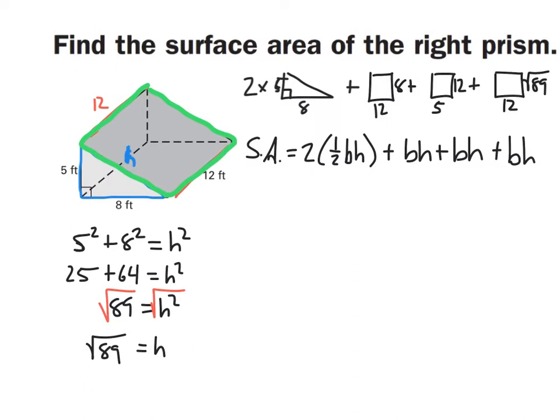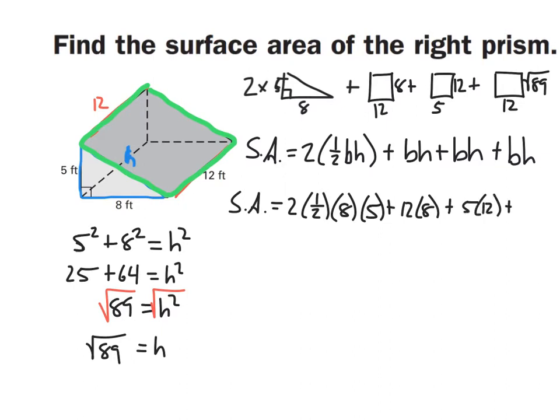So I can't combine them together. So our surface area is going to equal 2 times 1/2 times the base, which was 8, times the height, which was 5, plus 12 times 8, plus 5 times 12, plus 12 times the square root of 89.